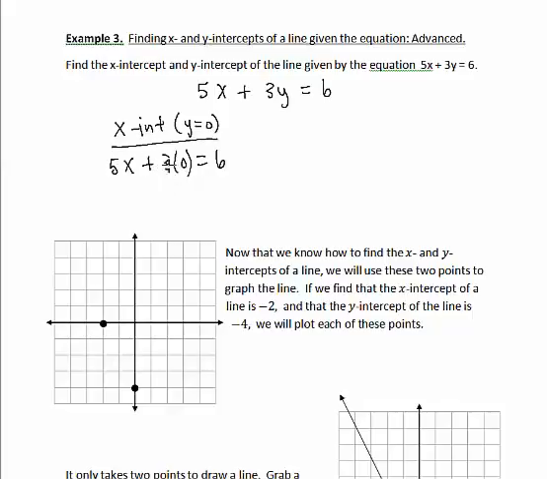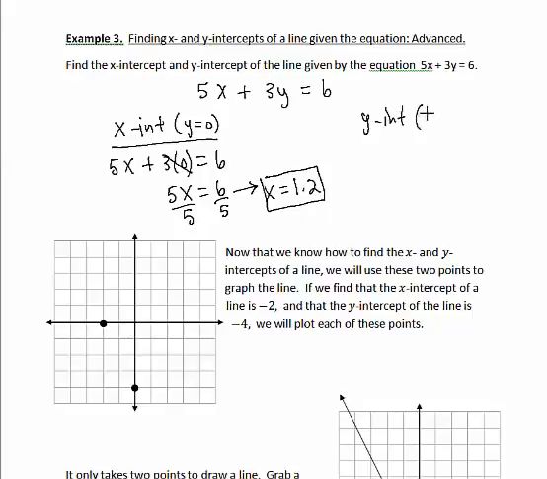Okay, the 0 of the x knocks out the 3, and we're left with 5x equals 6. Divide both sides by 5, and this gives us x equals 1.2 if you put it in decimal form. So a little past 1, a fifth.